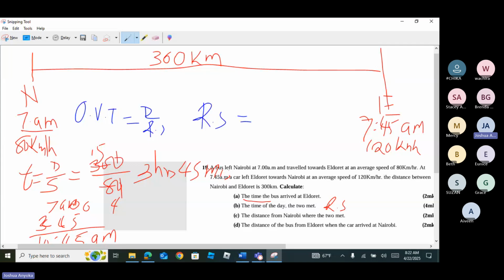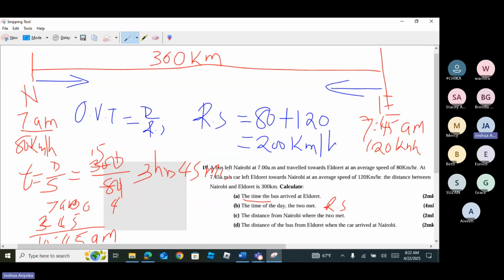In this case, the car is moving from Eldoret, the bus is moving from Nairobi. So they are approaching. So relative speed will be the sum of the two. So relative speed will be equals to 80 plus 120, which gives us 200 kilometers per hour.